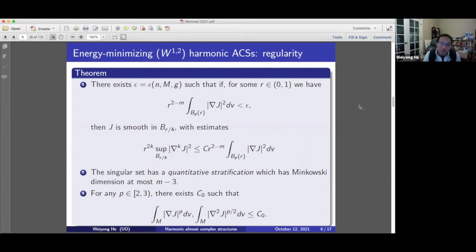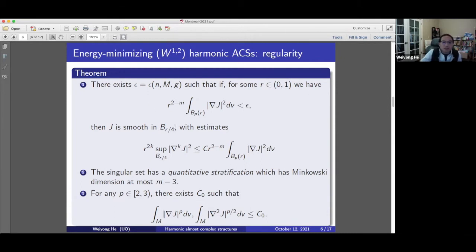Using this theory of quantitative stratification, one can improve the energy bound a little bit, so that the gradient of J is almost L3. This 3 is the optimum.